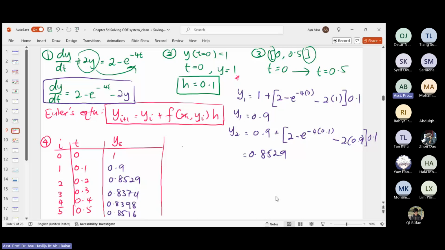Okay, so this is how you answer the question. Show your y value in a table. Much better.